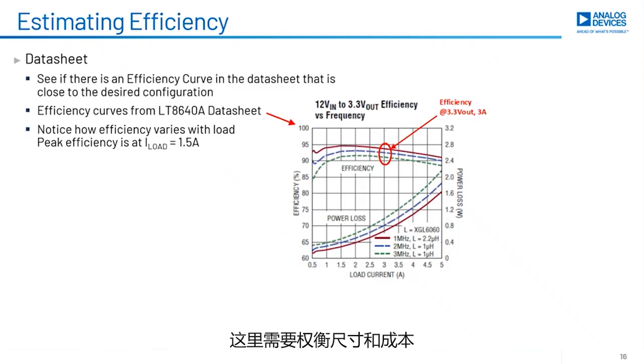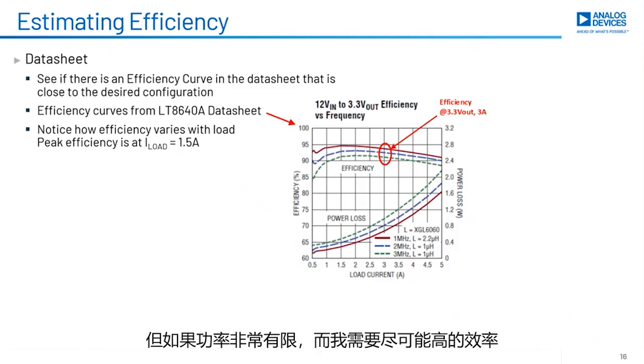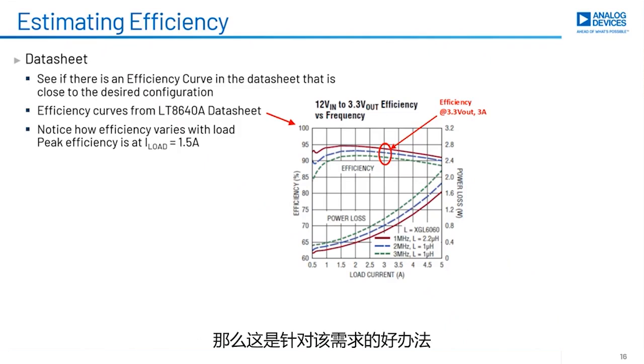And the trade-off there is size and cost, because the 5 amp converter is going to be a little bigger than the 2.5 amp one, and it's going to cost a little more than the 2.5 amp one. But if I'm very power limited, I need the highest efficiency possible, that's a good way to help with that scenario.